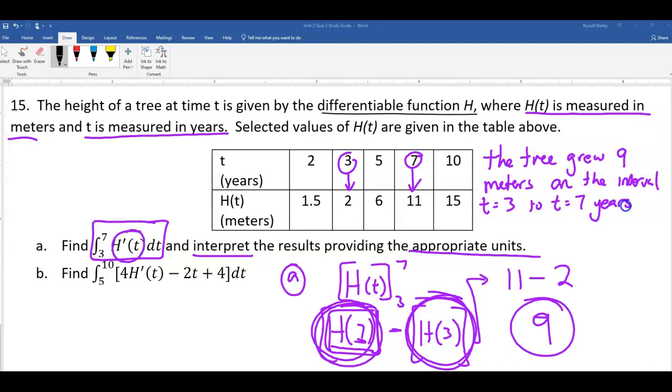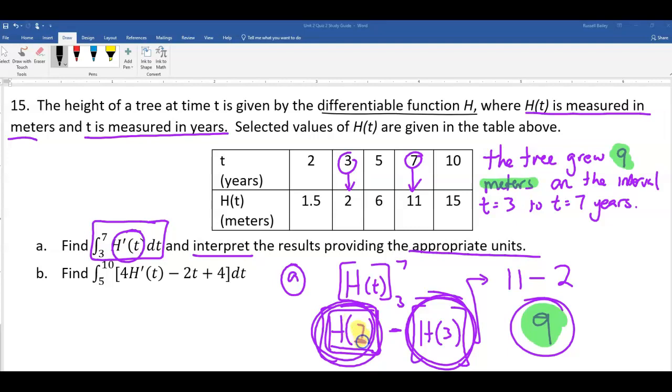Now remember, when you have an interpretation, you need to include 3 things. You need to include the units of your answer. So my answer is 9, and that's 9 years. I'm sorry, 9 meters, my bad, 9 meters. So I've got my output units here. Another thing you want to include is the input units.